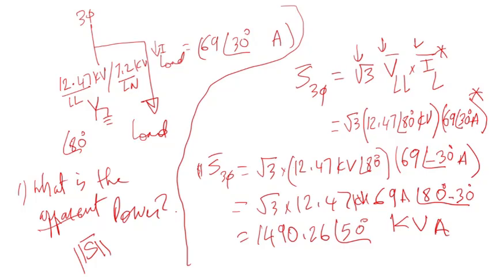You need to know how to write the equation for the complex power. It's important, and you have to remember the units: here it's kV, here it's amps. If you forget kV, or if you didn't multiply by 1,000, you're going to be off by 1,000, which is a lot.